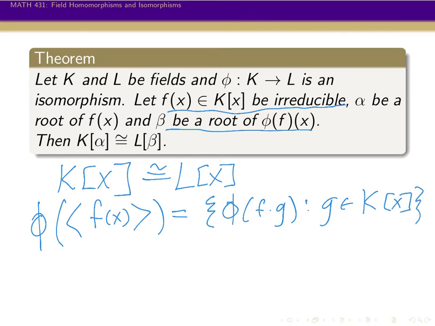And since phi is an isomorphism, it's not difficult to see that this is phi of f times phi of g. Again, this is just stemming from the definition of, I should really be calling this phi prime, since I'm talking about the isomorphism between k adjoin x and L adjoin x.